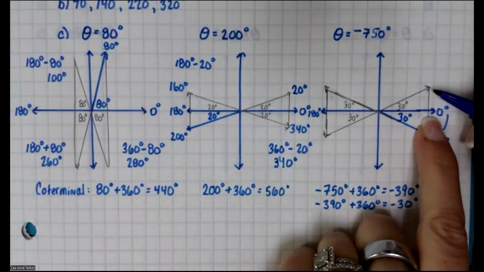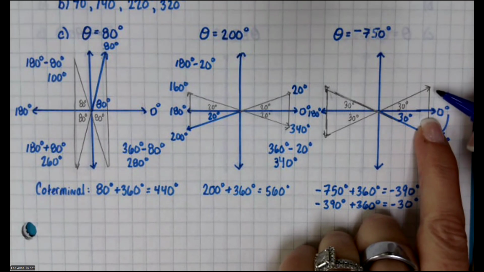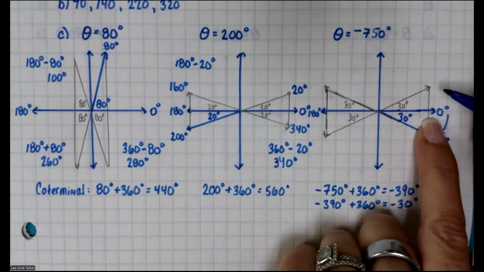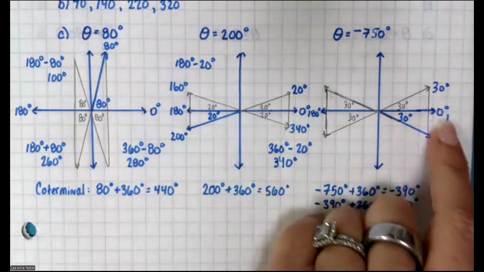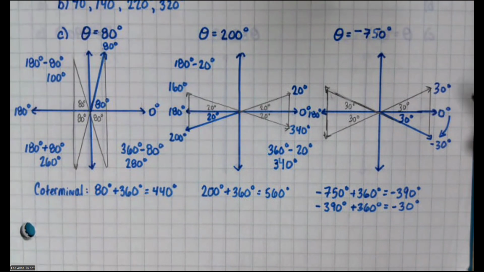What's the degrees of this arrow right here? 30. You all know it. You're just too scared to say it because it's new material. Okay.